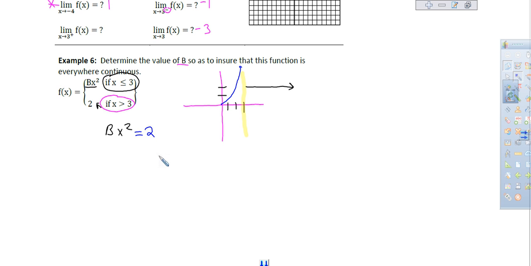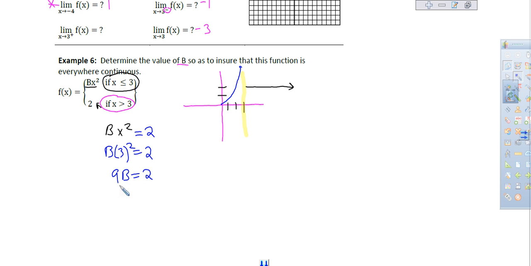So if we set these two equal to each other, we should be set. So what is the function value here? It's equal to 3 squared, right? So that gives me 9b, and we need it to equal 2, right?